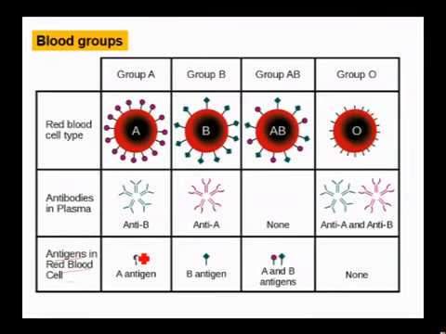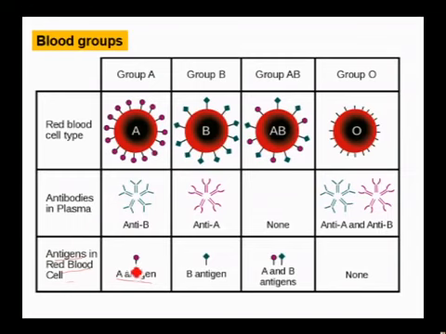If a person's RBC on its membrane has A antigen, then it is A blood group. If he possesses B, it is B blood group. If there are both the antigens over the membrane, then it is AB blood group. If he has no antigens over the membrane of the RBC in his blood, then it is said to be O group.